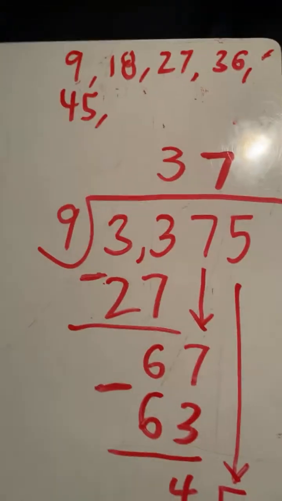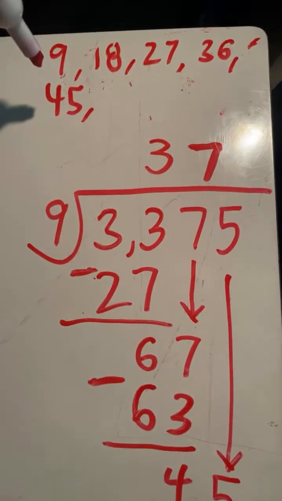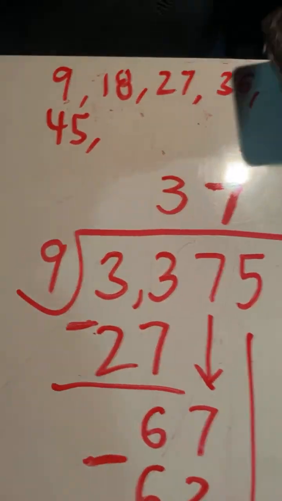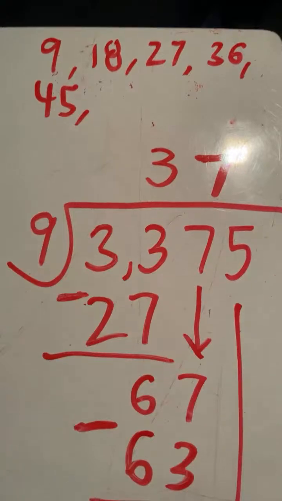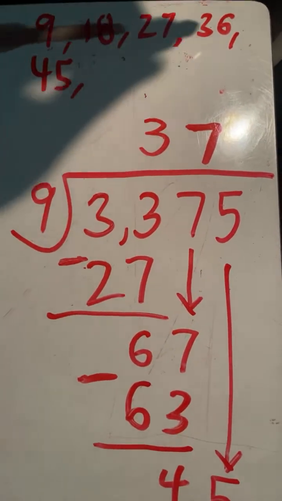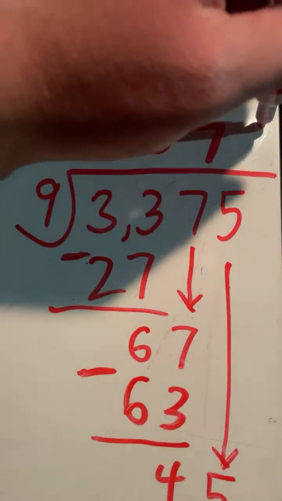So, counting by 9s to get to 45: 9, 18, 27, 36, 45. I was able to get 1, 2, 3, 4, 5 groups of 9 within 45.